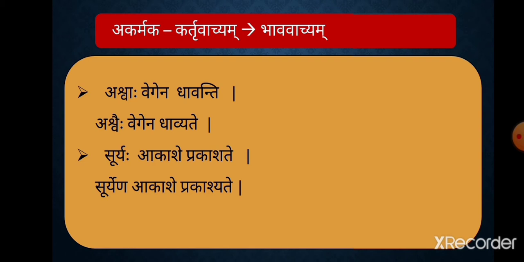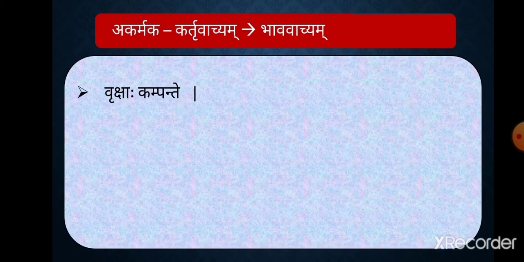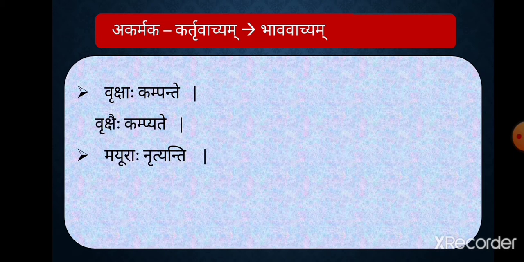Let me take you to the next example. Vrikshaha kampante. The Bhavavachya form of the sentence is Vrikshaihi kampyate. The next one is Mayuraha nrutyanti. The Bhavavachya form of the sentence is Mayuraihi nrutyate.